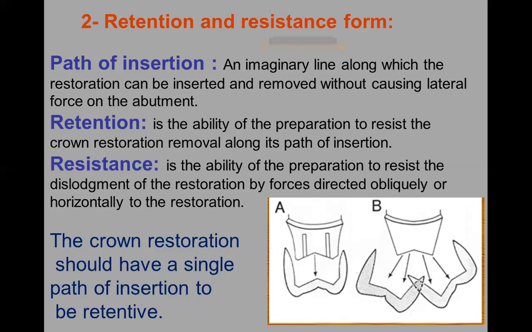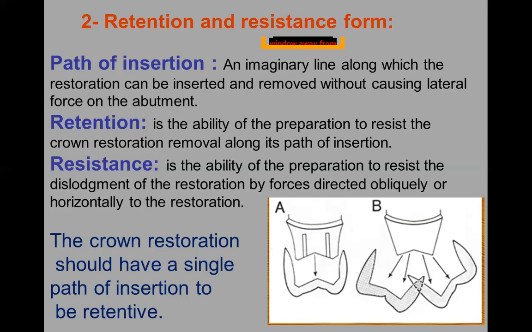You see that there are some preparations on the surface, which are the grooves or retentive grooves, which make it possible for the restoration to be seated in only one direction, which is the path of insertion.